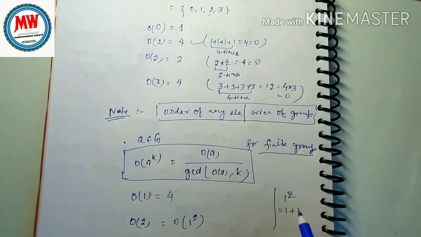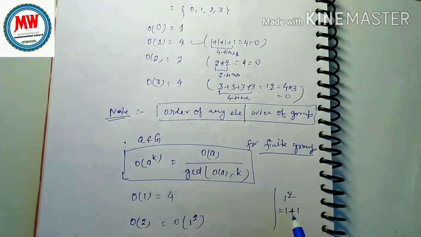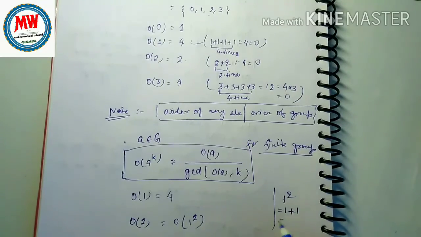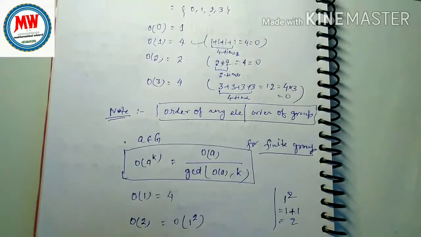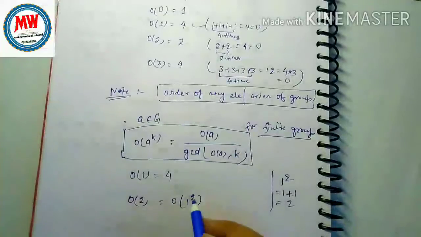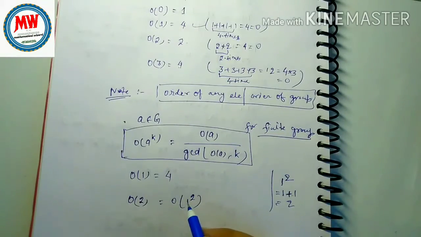That is, here we have to apply this operation 2 times for this element. So 1 plus 1 is equal to 2. So we can write 2 as 1 raised to the power 2.